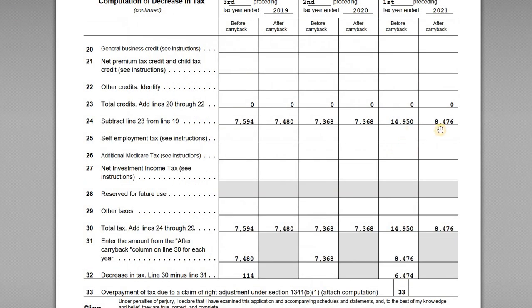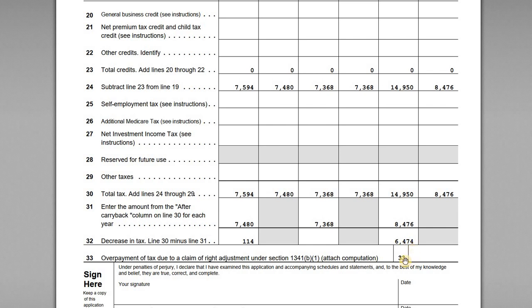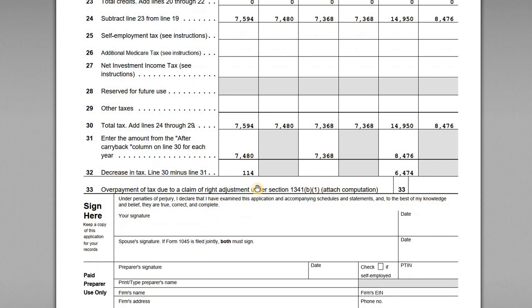So that's why, again, we see a massive decrease here related to that carryback claim. So 14,950, 8,476. Take the difference there. So the decrease in tax for 2021 is $6,474. So the total amount of refund that John's going to get is going to be the combination of these two.